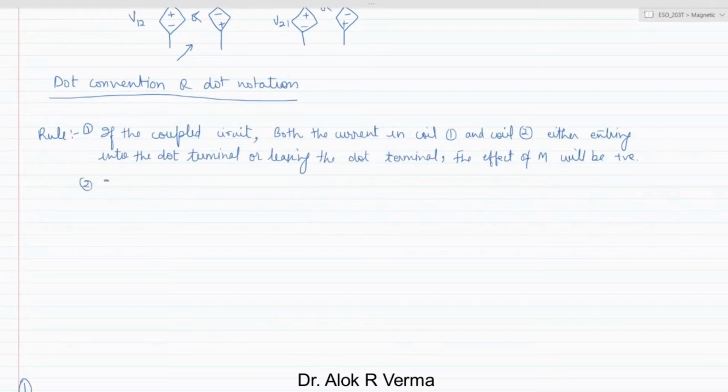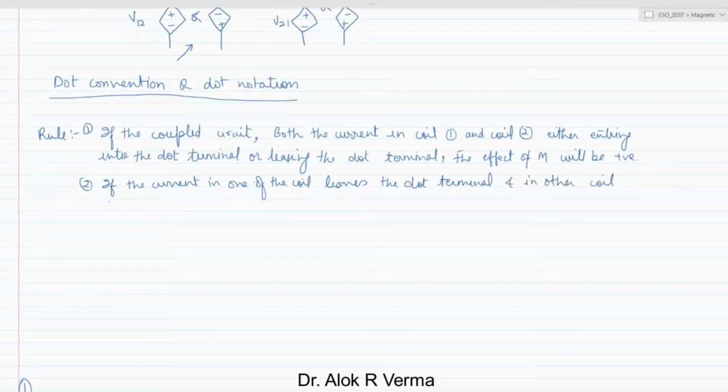The rule 2 says, if the current in one coil leaves the dot terminal, and in another coil the current enters into the dot terminal, the effect of M will be negative.